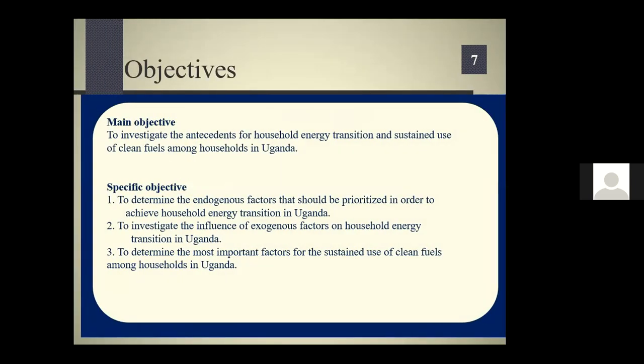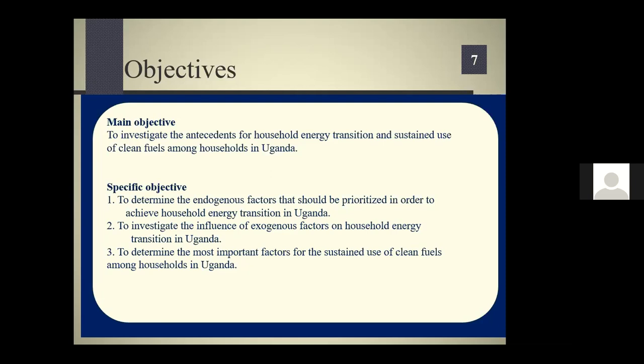So maybe let me begin from here. What is ringing in my head and what I'm trying to bring out to the listeners and for your help is that the challenge is we would want to move away from the use of unclean fuels and their associated technologies to the use of clean fuel and its associated technologies.